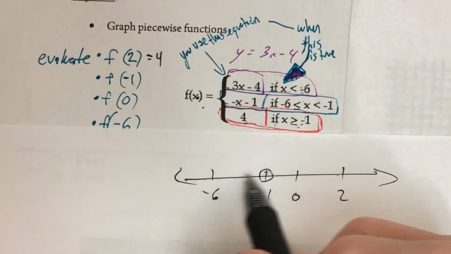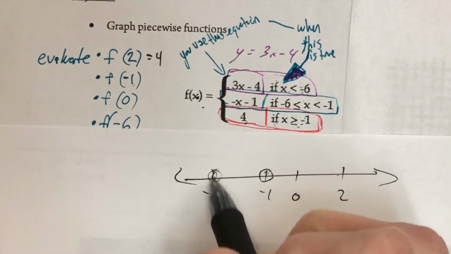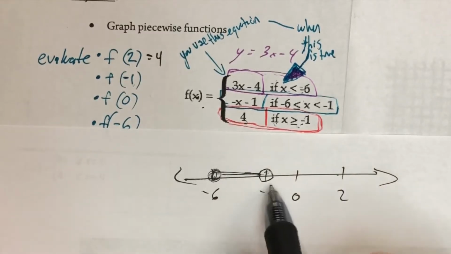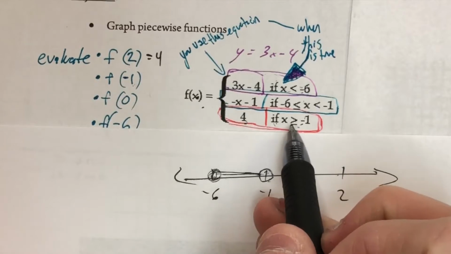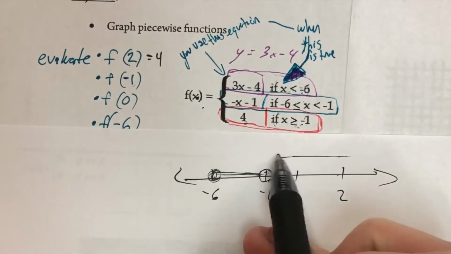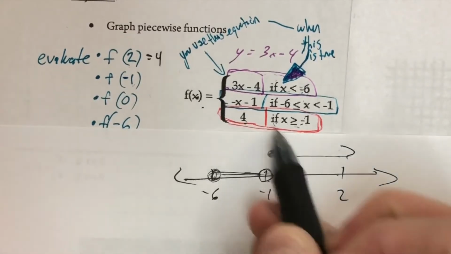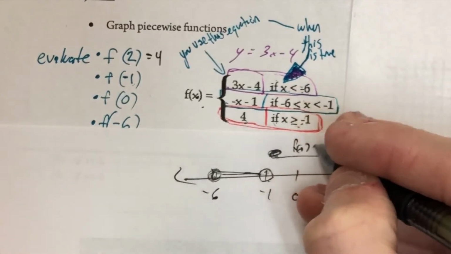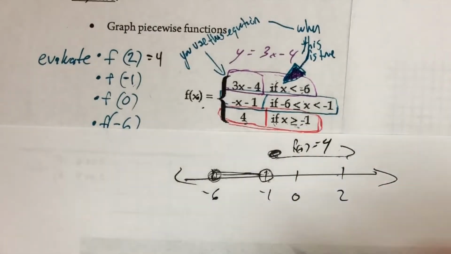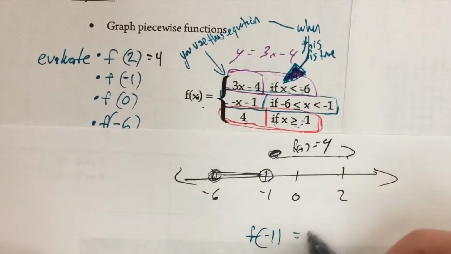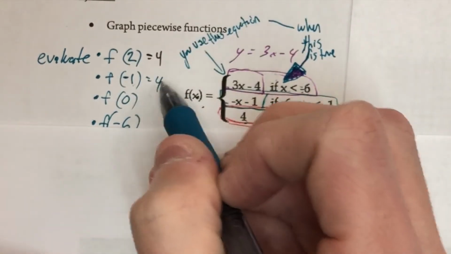That would be an empty and a closed circle. Is it in between that? Almost. If that was closed, it would be. This says if x is at negative 1 and everything that way, you use this equation, f of x equals 4. So again, f of negative 1 equals 4.